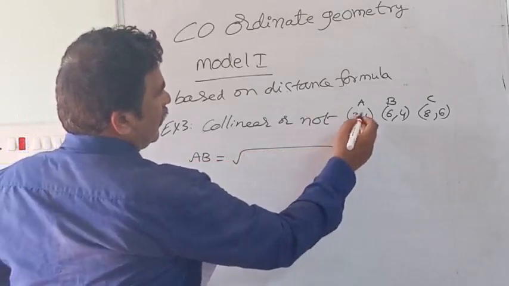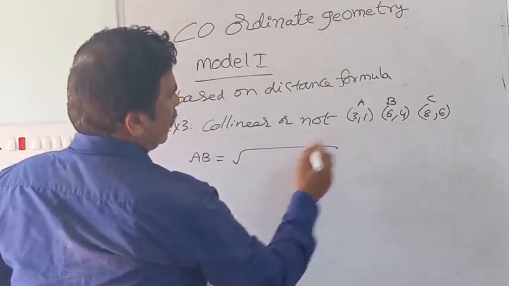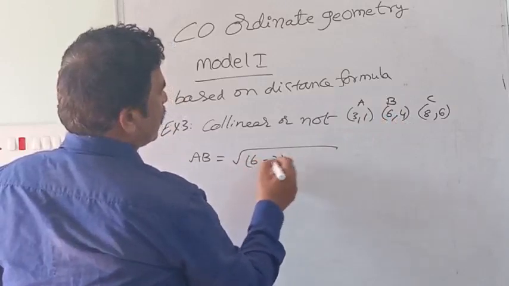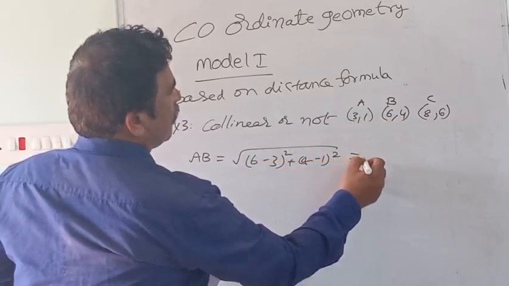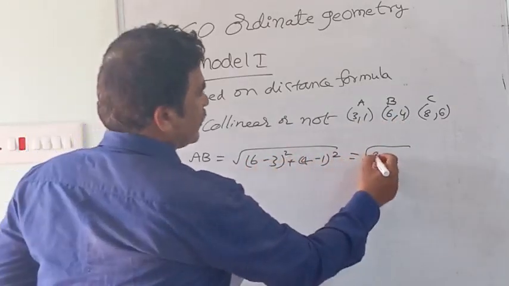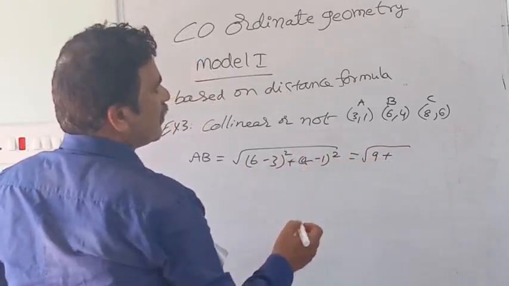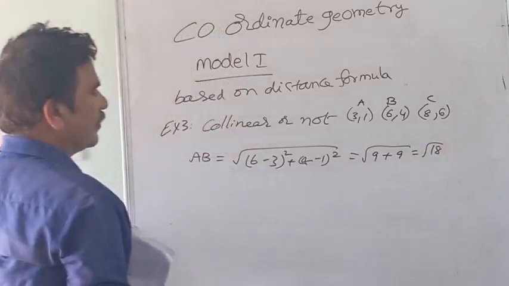This is x1, y1 and this is x2, y2. Root of (6 minus 3) whole square plus (4 minus 1) whole square. 6 minus 3 is 3, square is 9. 4 minus 1 is 3, square is 9. That is equal to root 18.